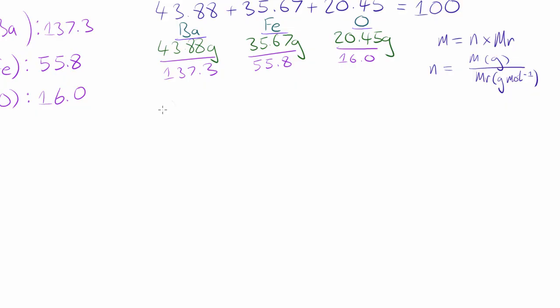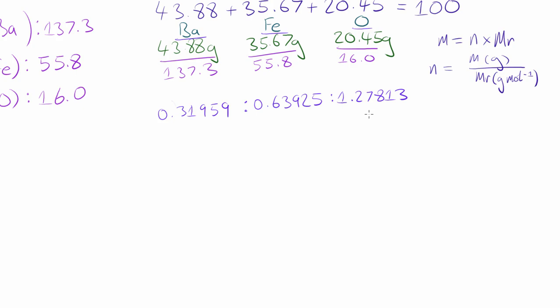So 0.31959, and for iron, if you work that out, you should get 0.63925, and for oxygen, you should get 1.27813. Okay.